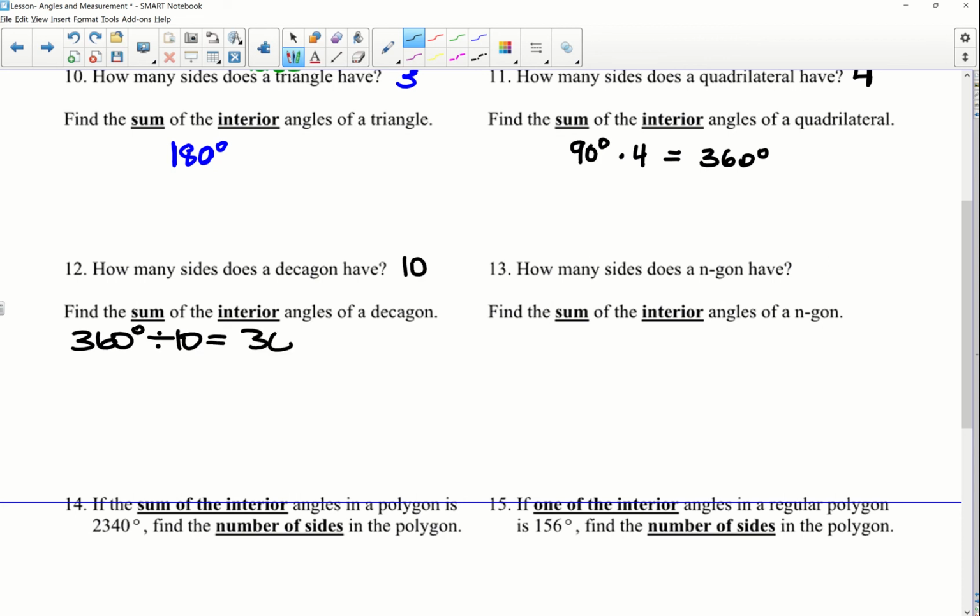So that's 36 degrees. That's the exterior angle. I know that the supplement of that, 180 minus 36, 144, is going to be a single interior angle.